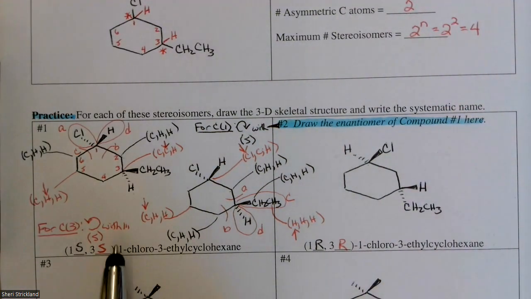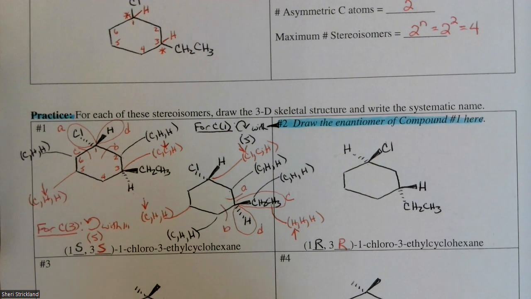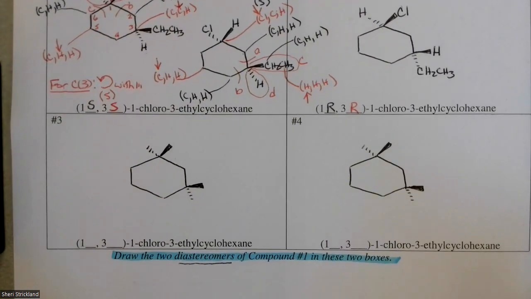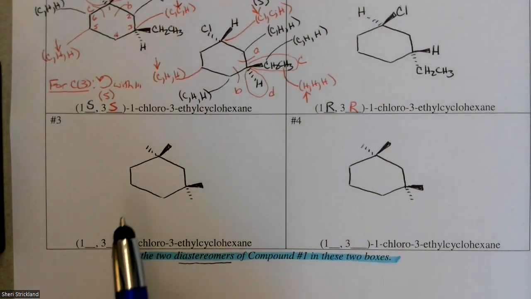All right. Now, when we want to look at the 2 diastereomers, we need to know what diastereomers are. And diastereomers, remember, are stereoisomers that have at least 2 asymmetric carbons, and you have to have at least one that has the same configuration as your reference compound, and at least one that has the opposite configuration as your reference compound.